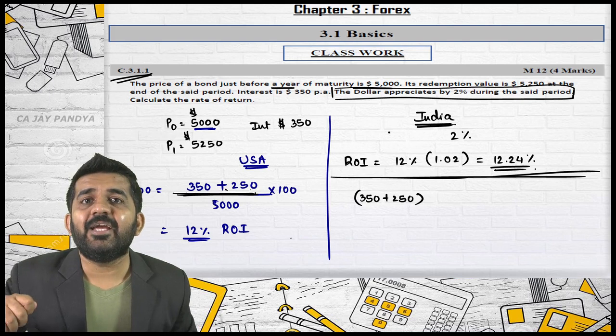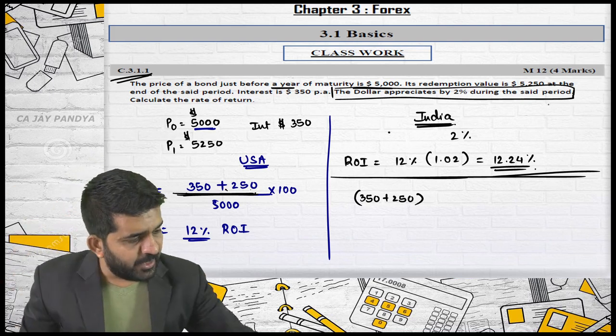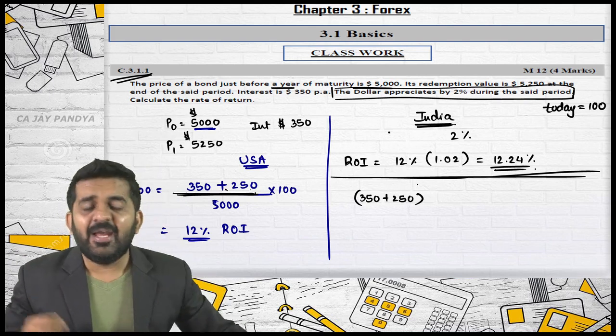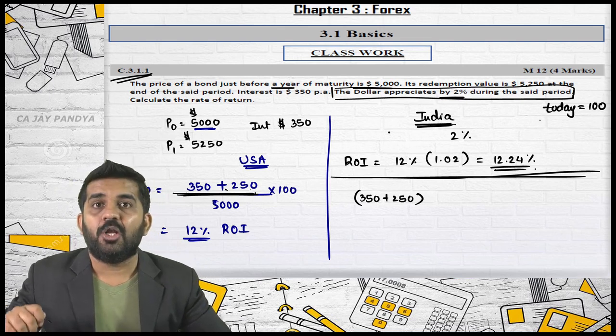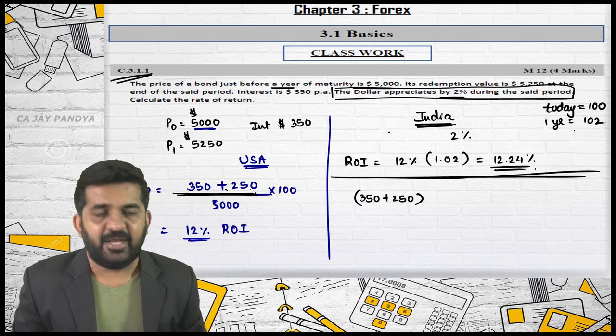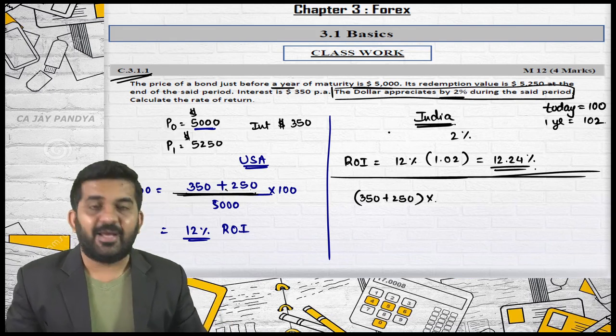You are getting it today or you are getting after 1 year? After 1 year. And today, if the price of the dollar is 100 and if it is appreciated by 2%, I have told you, dollar appreciates means after 1 year, the price will be 102. Is it alright? Then, what will be my answer in rupees term?